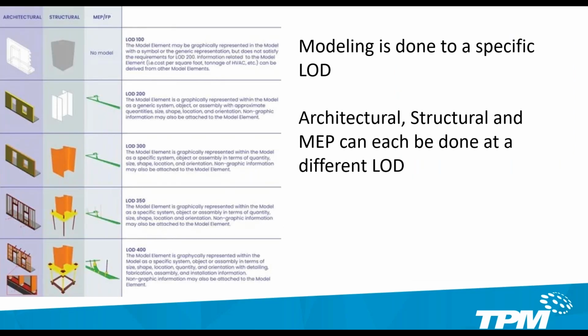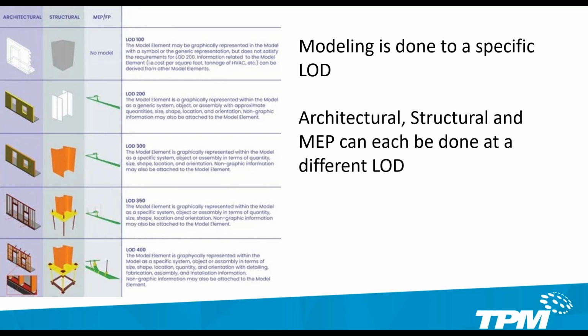Now, when you're talking about modeling, we're talking about levels of detail, or LOD. These are some established levels of detail from the AIA. This is a little chart that tells you what you get at the different levels of detail for the different disciplines. When we're talking to you about modeling, we're going to talk about what level of detail you need for each discipline that you want modeled.